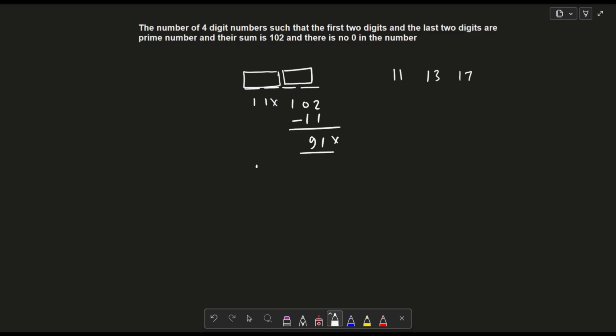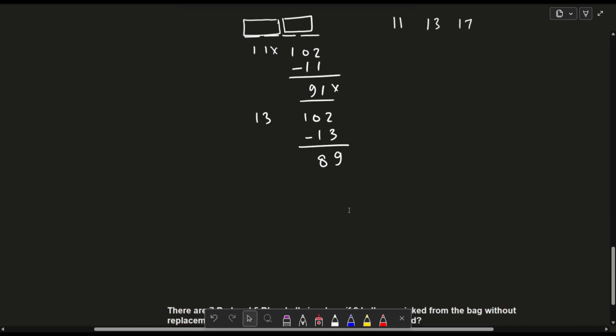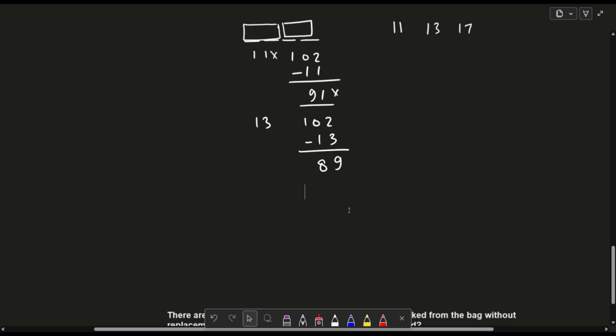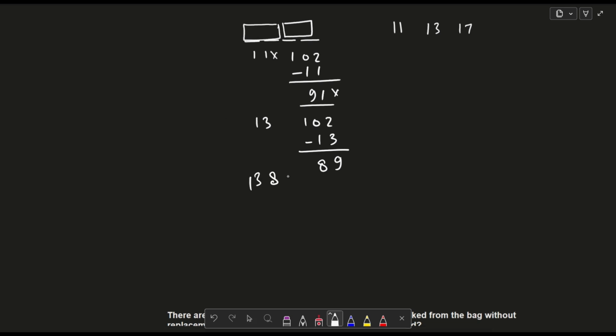So we will check for 13 now. For 13, we will get 12 minus 3. This is going to be 9 and this will become 9 minus 1 is 8. Okay. So 89 is a valid prime number, right? So yeah, 13 and 89.